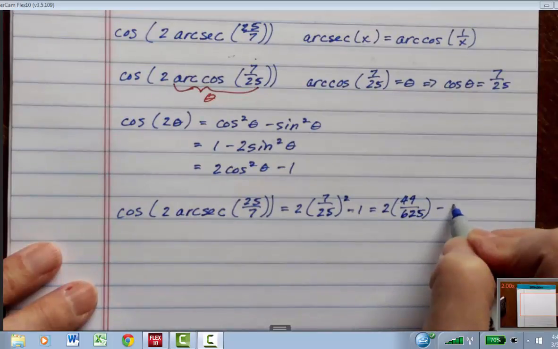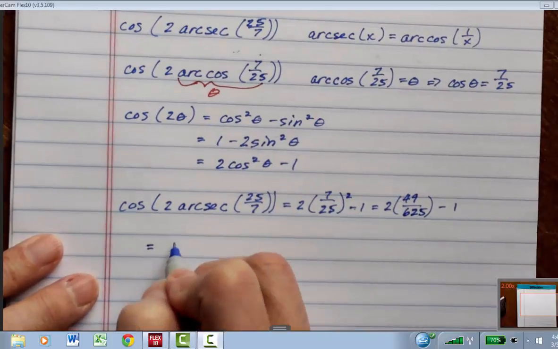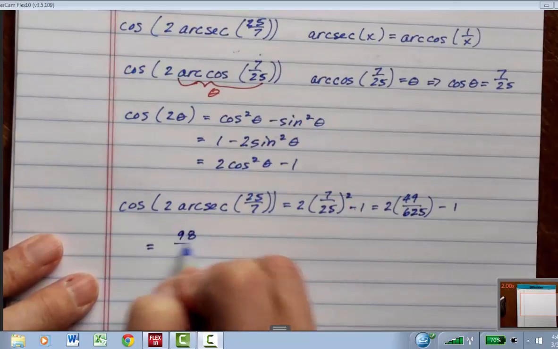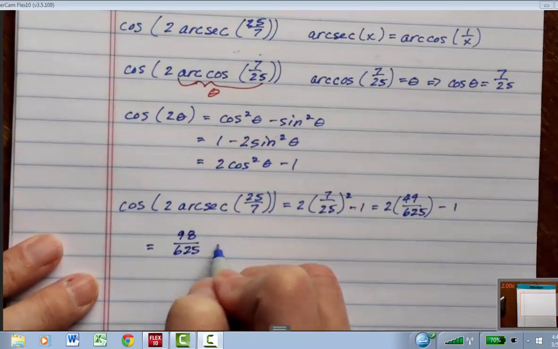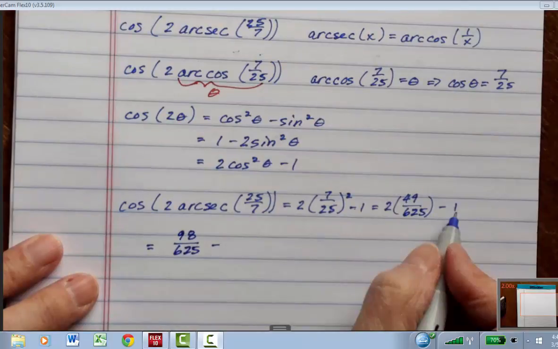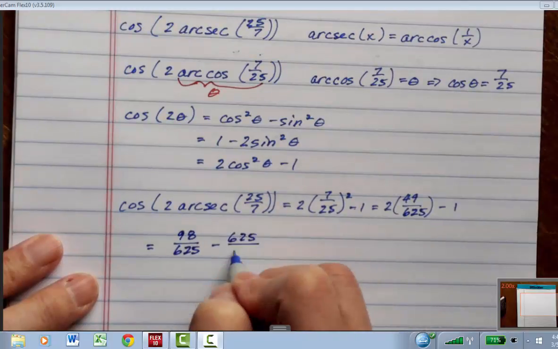Finding a common denominator, 1 becomes 625 over 625. And then subtracting, I end up with negative 527 over 625.